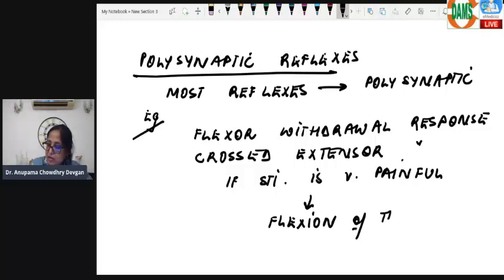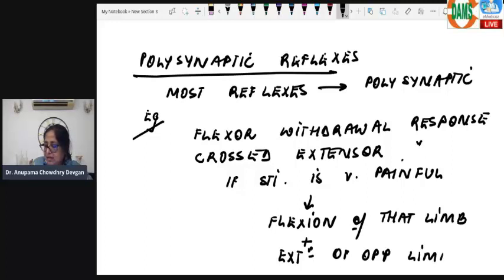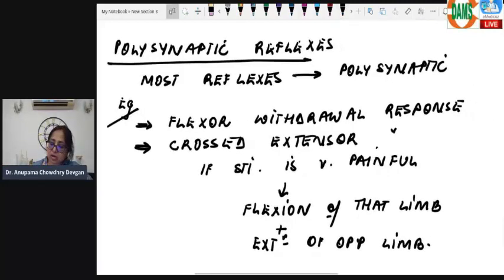And there is a flexion of that particular limb plus extension of the opposite limb. So that is known as the crossed extensor response. These are all examples of polysynaptic spinal reflexes, right? These are polysynaptic and spinal. The center for these reflexes is the spinal cord.